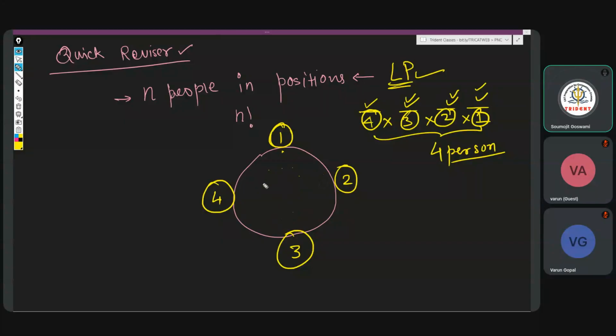This is one of the positions that he can choose. If I ask him to sit at the 4th position, again the same situation, one chair diametrically opposite, one towards the left, one towards the right. For the first person, if everything is vacant, everything is identical, and there is only one way for such permutations. This is important. When you have everything identical, there is only one way possible.